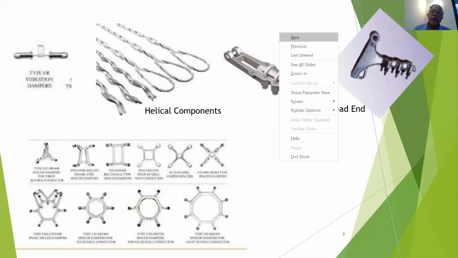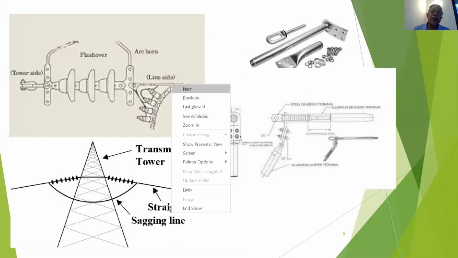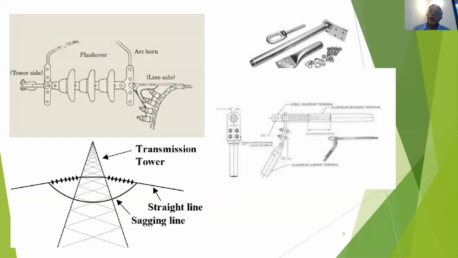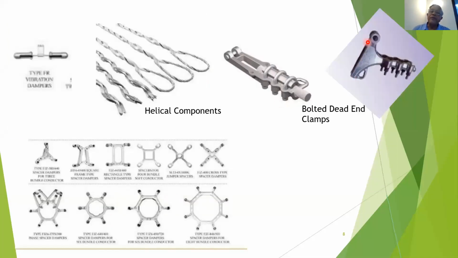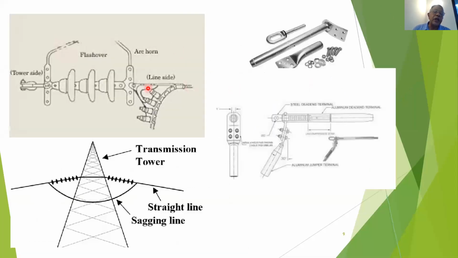So next one. This is the dead end clamp, what we have seen over here, and that dead end clamp, the conductor is fixed on this one, bolted and tightened, and comes out over here.